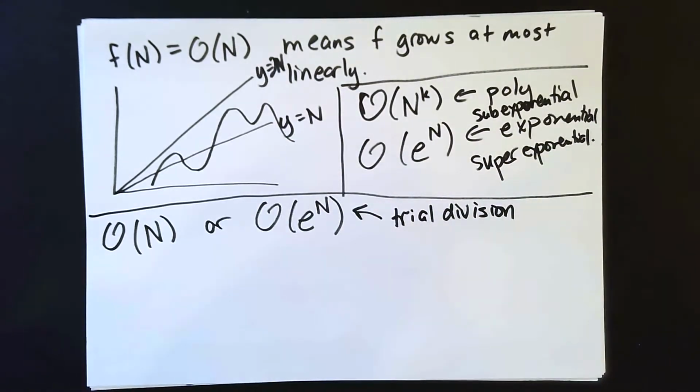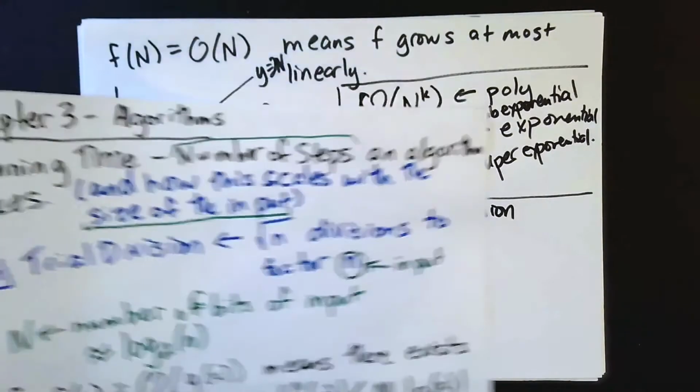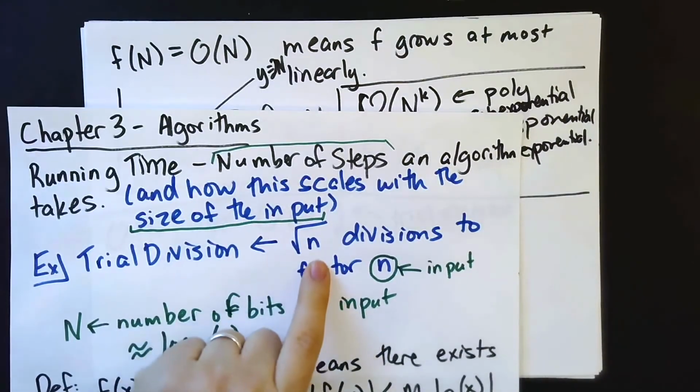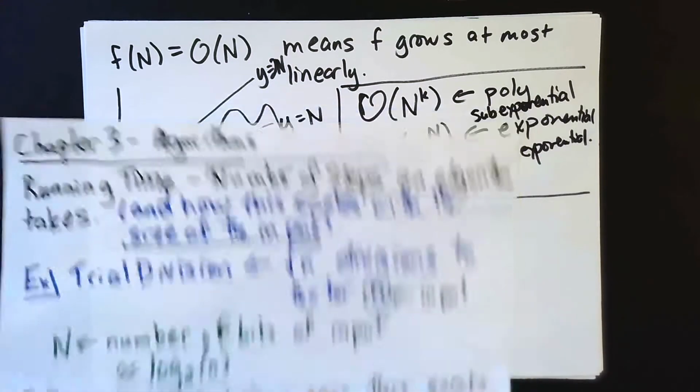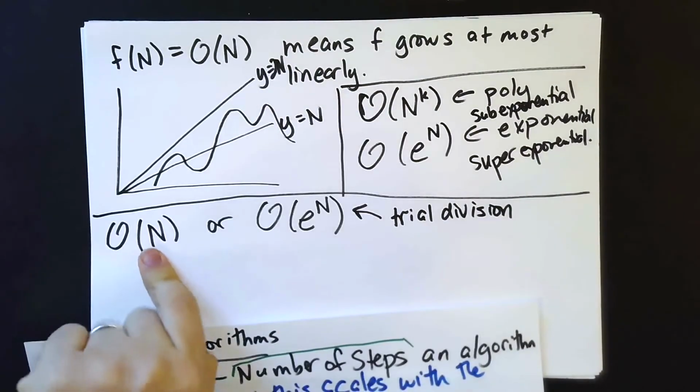And this is an important point because you might be thinking, oh, you wrote down just a minute ago that trial division takes square root of n steps. So that should mean trial division should be O of square root of n. And O of square root of n should certainly be O of n. And so I was thinking trial division was going to be over here.